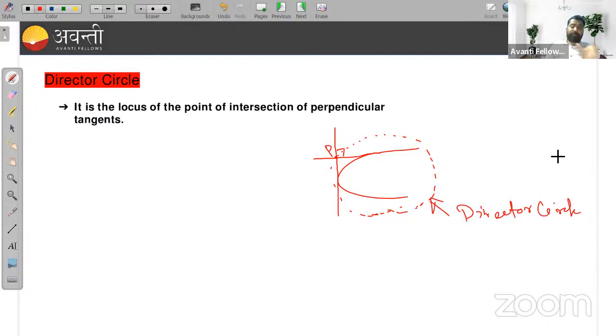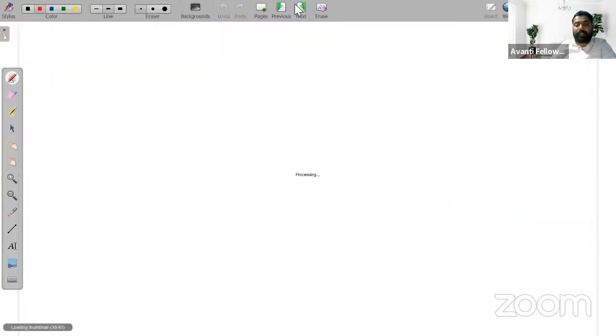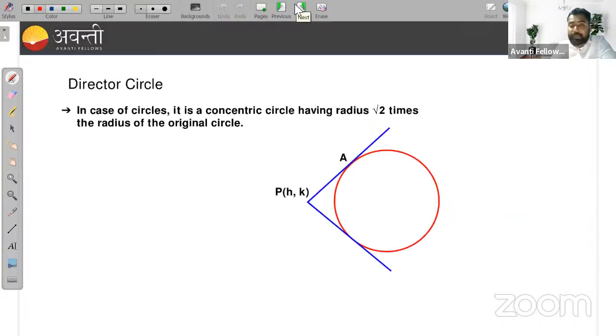Okay, but in case of circle, what is happening? If these are two tangents, T1 and T2, and T1 is perpendicular to T2, then the locus of the point (h, k) will be the director circle.